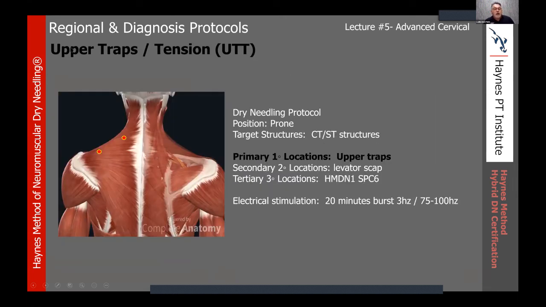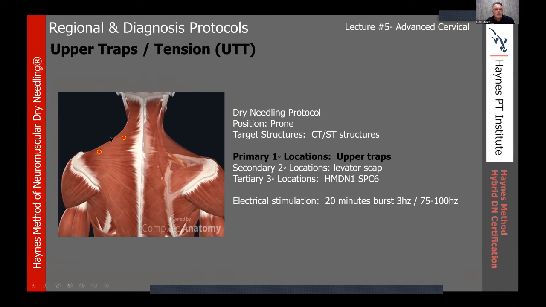So one of our bread and butter regional diagnosis protocols for the cervical spine is our upper traps, our tension. Most people in clinic have this problem, whether it's patients or staff. And so for here, our primary location's just going to be these upper traps.